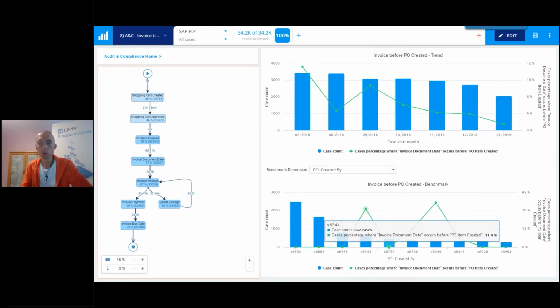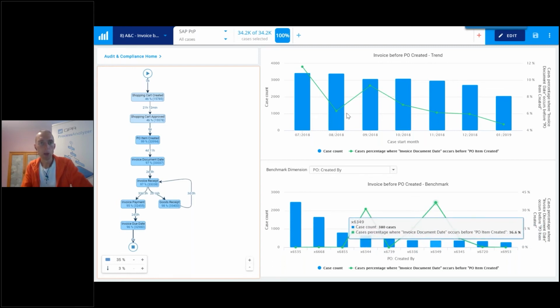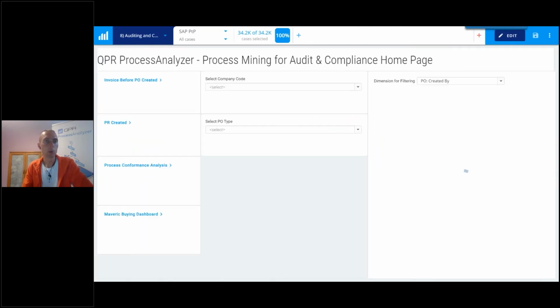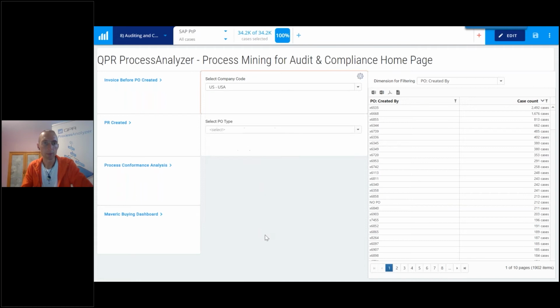In this view, it's set to benchmark by the dimension who has created it. So we already see here that there are 2 users who don't have this problem at all. And then we have this user 6344, where the invoice is before PO created in 30% of the cases. So these are the problem cases here. And as said, if we want to limit, we can, for example, select only, let's say, the US.